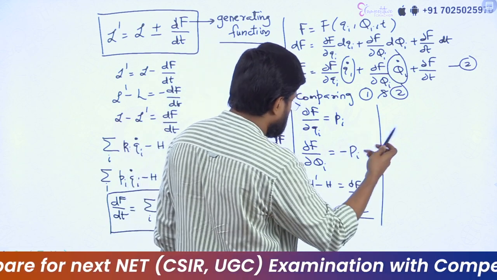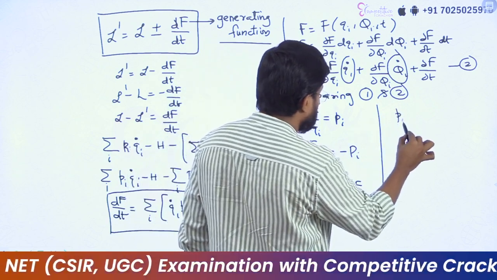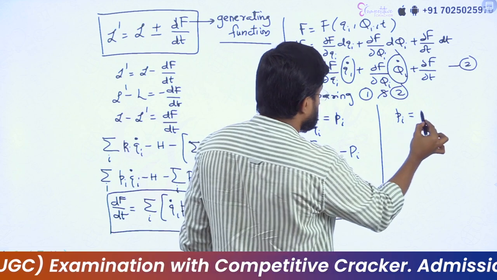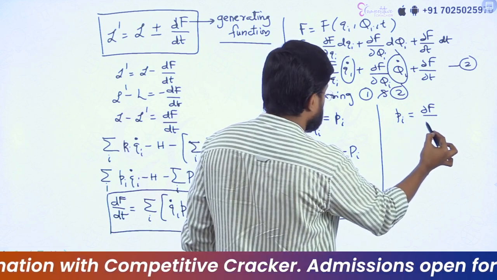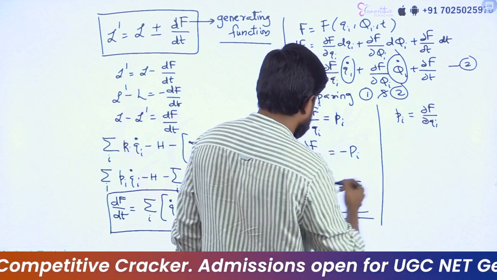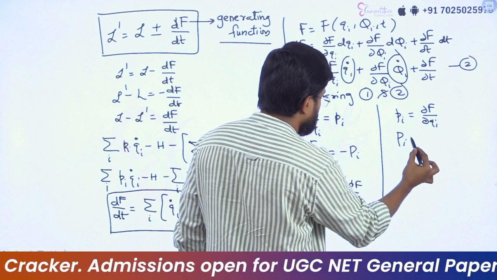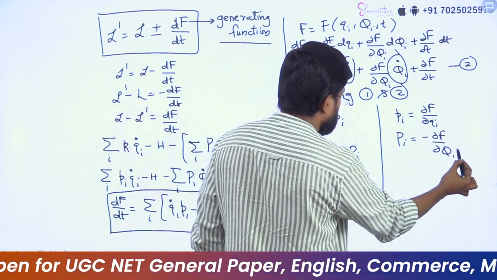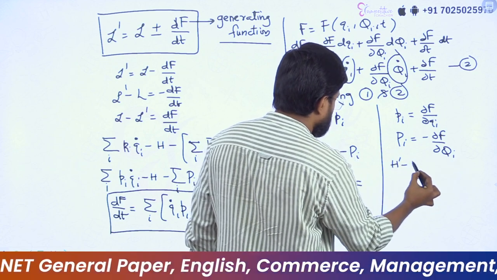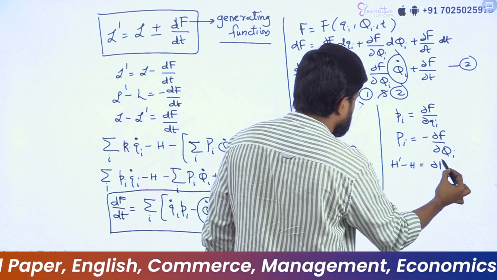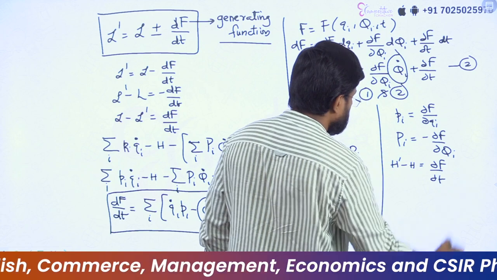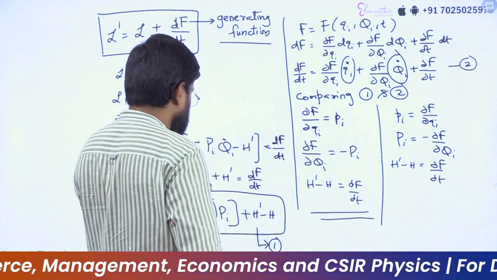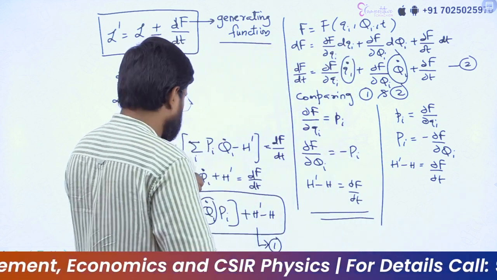So you can write in a refined form: pi equals ∂F/∂qi, and capital Pi equals minus ∂F/∂Qi, and H prime minus H is equal to ∂F/∂t.